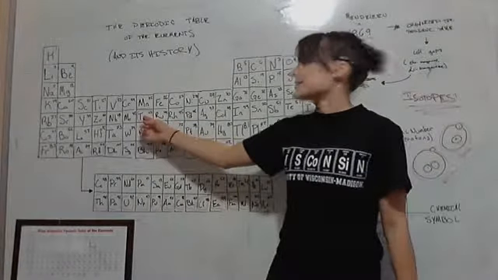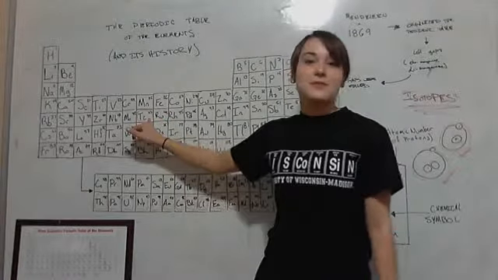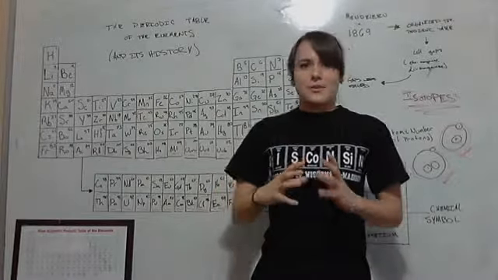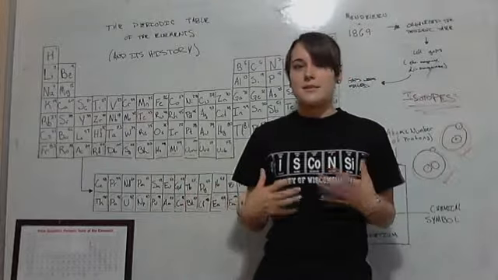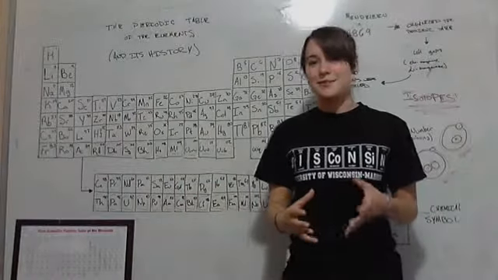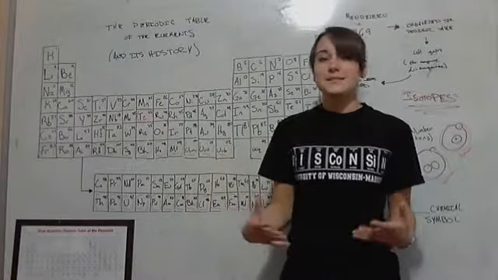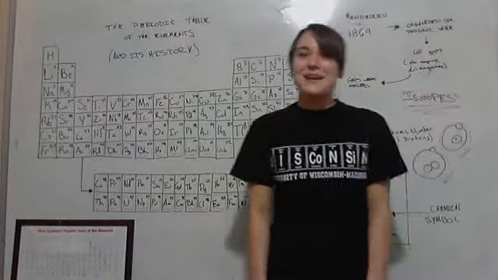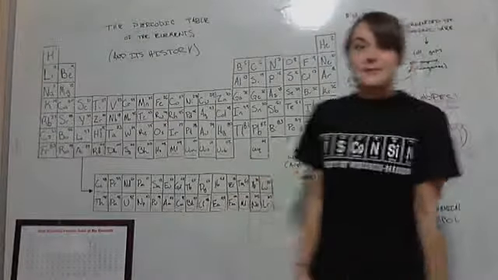And so that's one of the reasons that this originally named eka-manganese was so difficult for them to find, because it was radioactive, and radioactive elements are unstable, and so they send off particles and sometimes waves until they find themselves in a state where they are stable, which is always as a different element. So it would turn into something else and we wouldn't find it. So that's the periodic table and its history. Pretty short video.